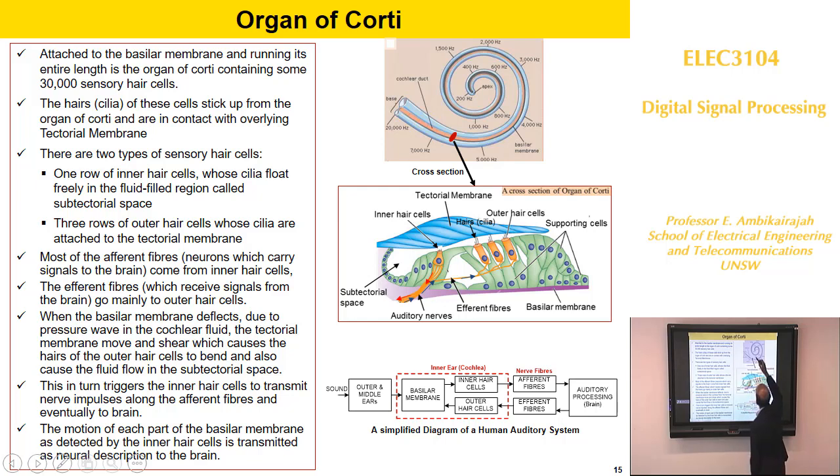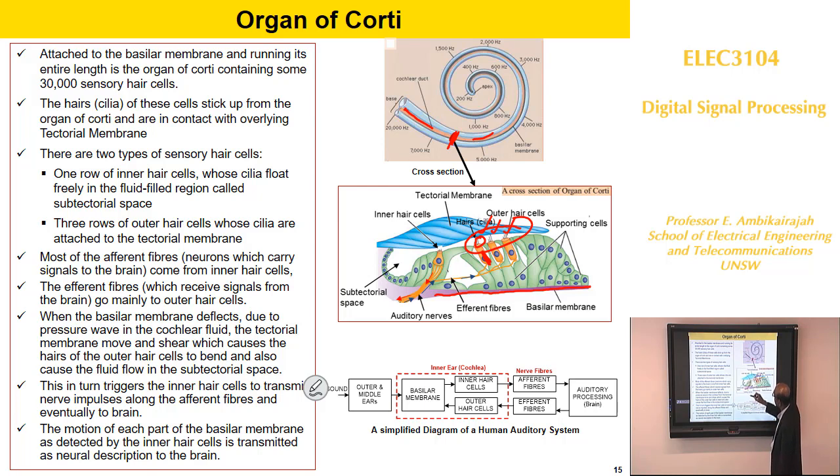So the organ of Corti is sitting along the membrane. If I take a cross section of it, this is what it looks like. That's your membrane. And you can see there are 1, 2, 3 sets of hair cells. Hair cells mean these are the hairs, these are the cells.